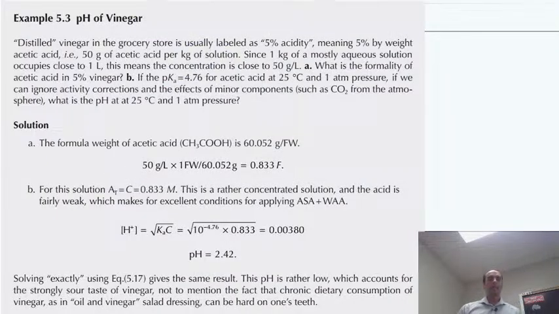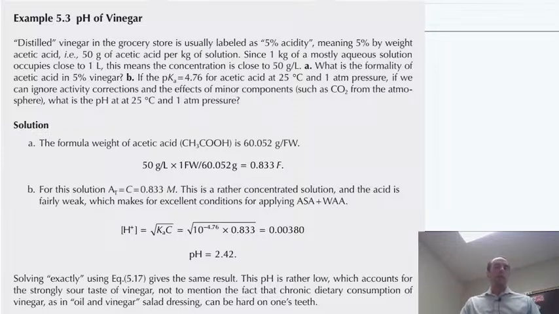Okay, so let's take a look at putting that into practice. We'll just walk through this together without stopping to make you solve it yourselves, but we'll see what it would look like to apply one of these approximations. So we have distilled vinegar here, which we can buy from the grocery store.